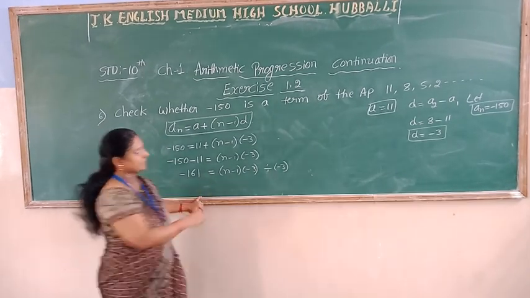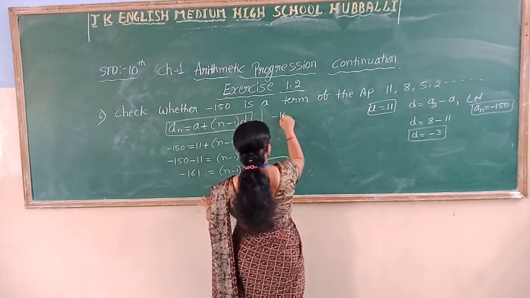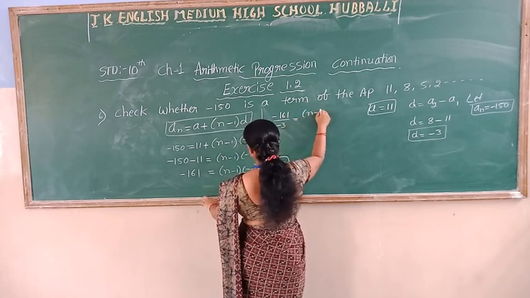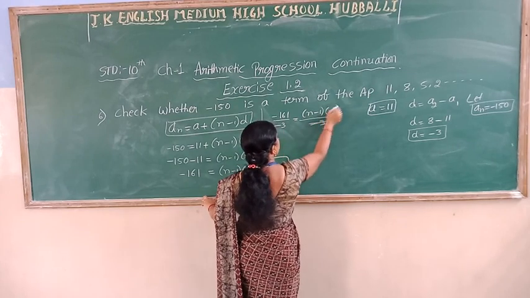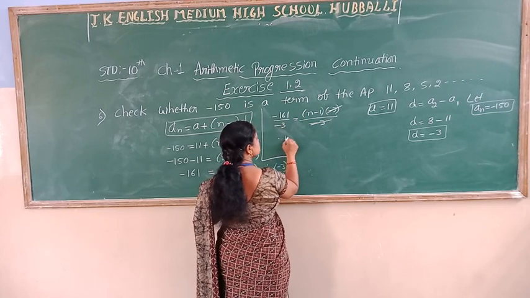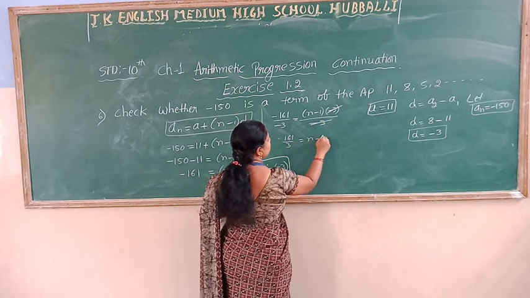Then we get minus 161 divided by minus 3 is equal to N minus 1 into minus 3 divided by minus 3. Minus 3 gets cancelled. Minus divided by minus becomes plus. So 161 by 3 is equal to N minus 1.